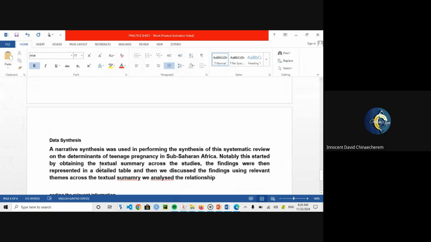This started by obtaining a textual summary across the studies. Also, findings were then represented in the detail table. And then we discussed the findings using relevant themes.